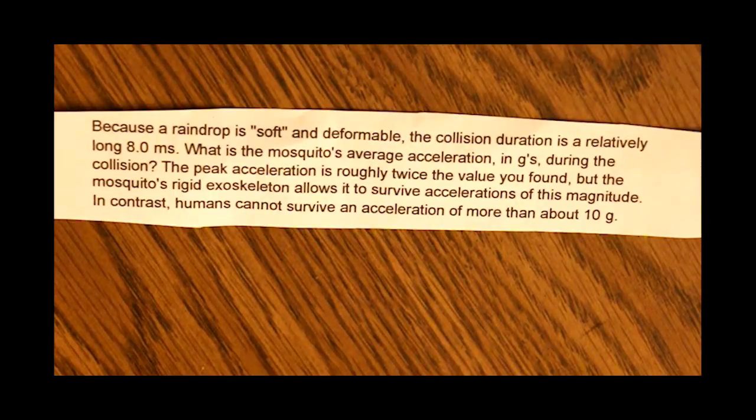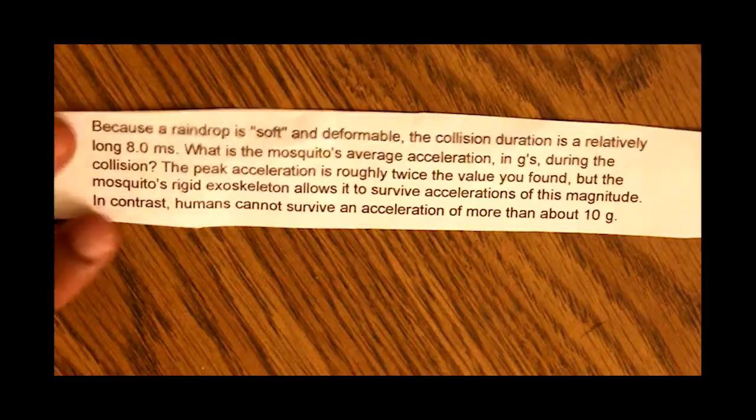The peak acceleration is roughly twice the value you found, but the mosquito's rigid exoskeleton allows it to survive accelerations of this magnitude. In contrast, humans cannot survive an acceleration of more than about 10 Gs. So mosquitoes can survive accelerations of much more than 10 Gs. Let's figure out how much more.